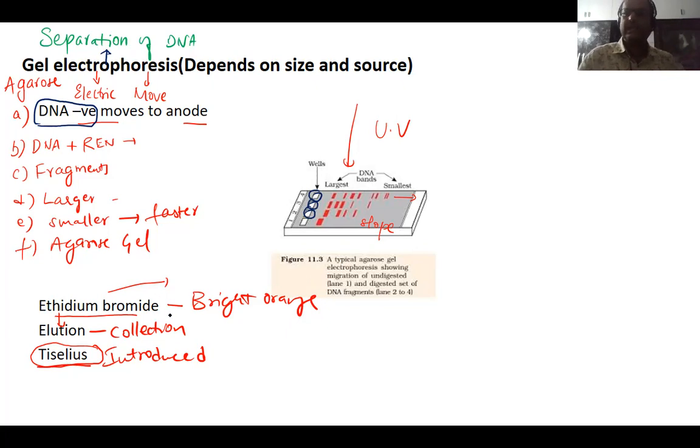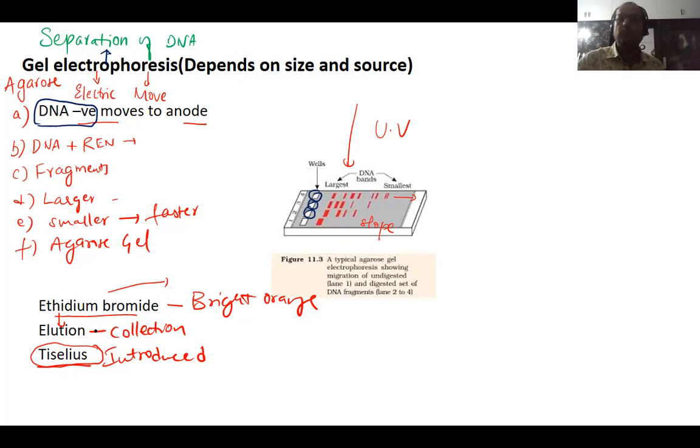Now, on that particular slope, the fragments have to move. They will move towards the anode end because the DNA is negatively charged. Whether the bigger pieces move faster or the smaller ones, basically the smaller pieces will move faster, isn't it?